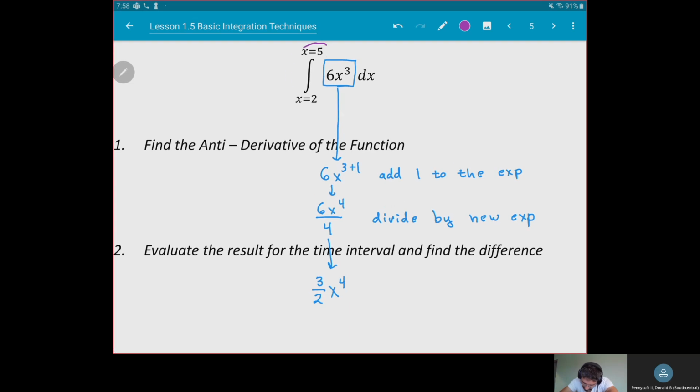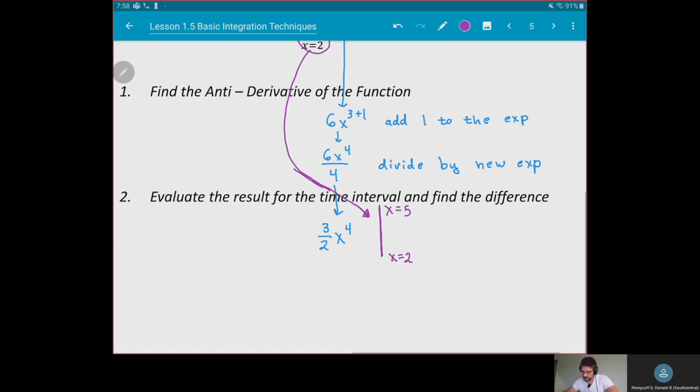This part right here now gets converted into this, a straight vertical line. And you put x equals 2 at the bottom and x equals 5 at the top. So that gets converted into that. So it comes down, and that's the new symbol for it. So don't let that symbol confuse you, okay?